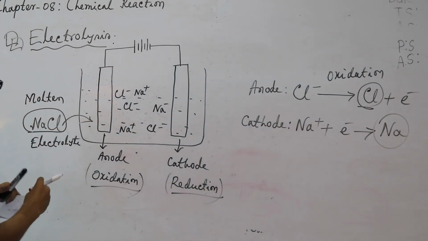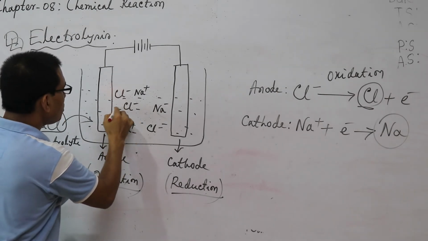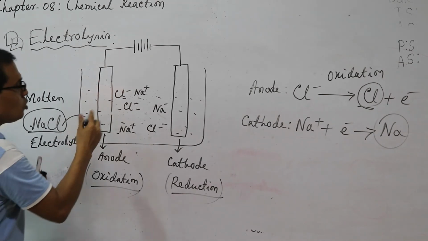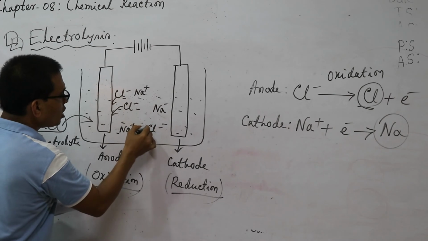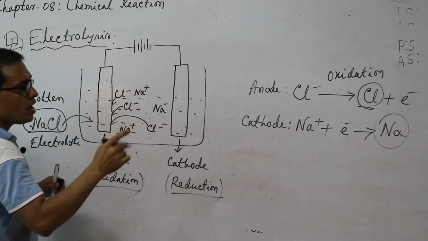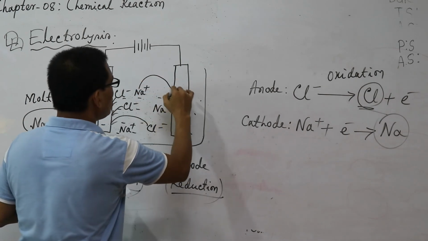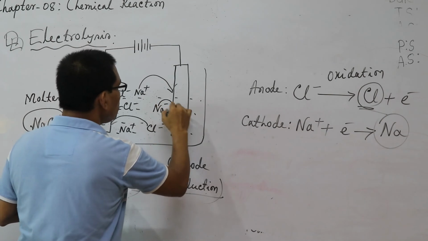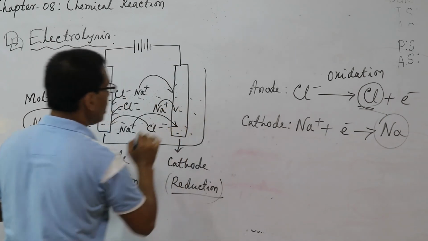Look, chlorine ion in anode will release electron and form neutral chlorine, and in cathode sodium ion will receive electron and form neutral sodium.